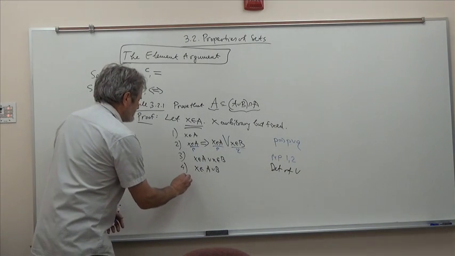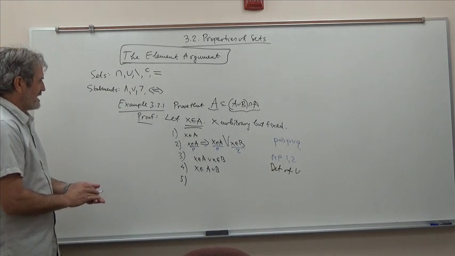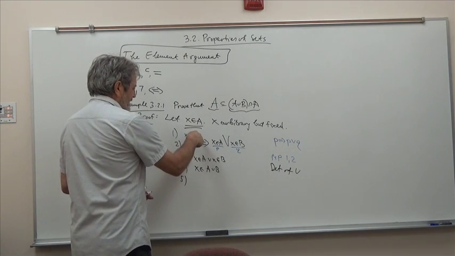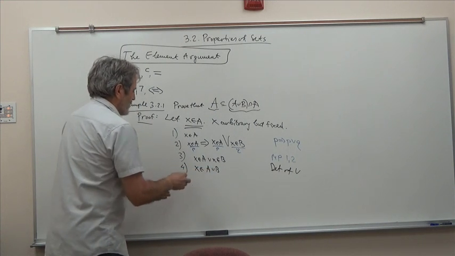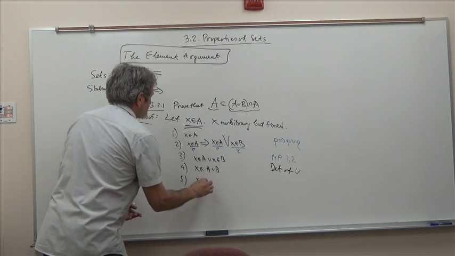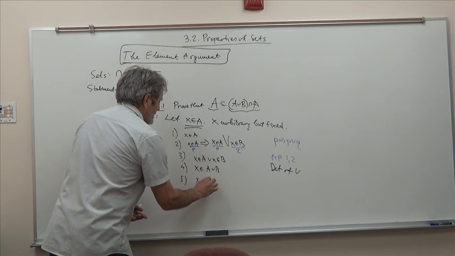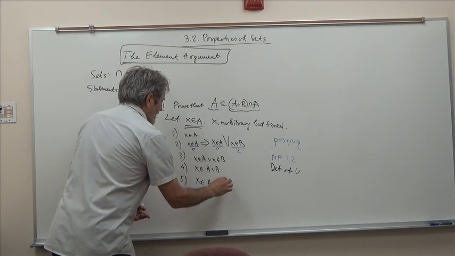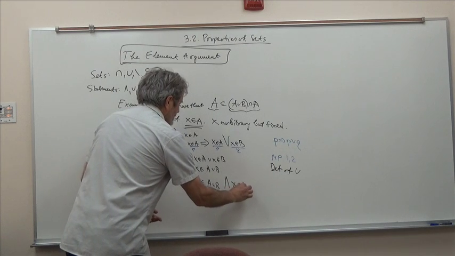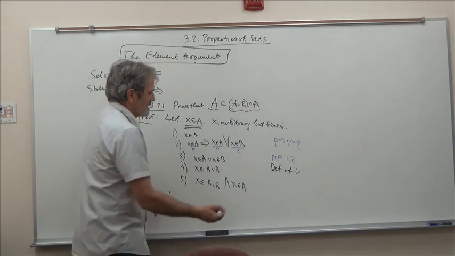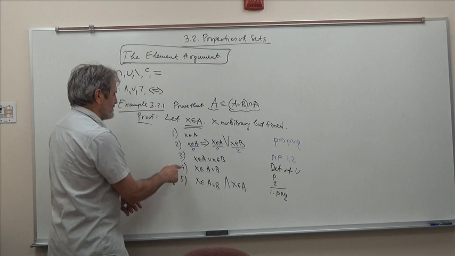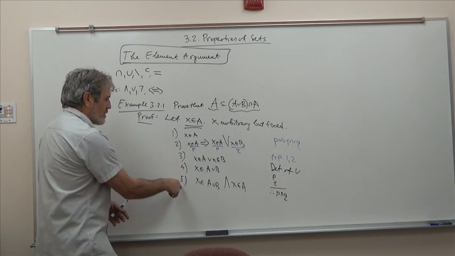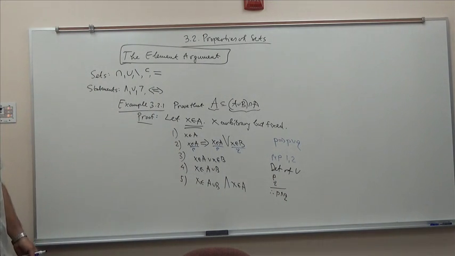Then number 5: since I have an accumulation of hypotheses, if I have x belongs to A and x belongs to A union B, then I have x belongs to A union B and x belongs to A. I use the argument that if I have P and I have Q, then I have P and Q. Lines 1 and 4 accumulated gave me their conjunction.